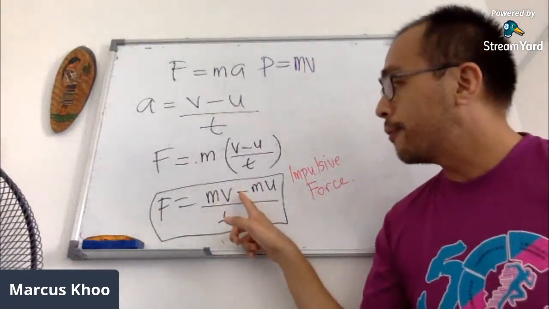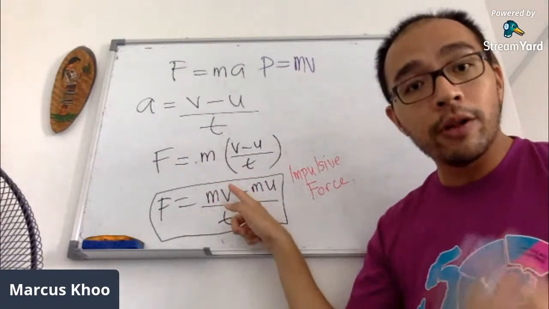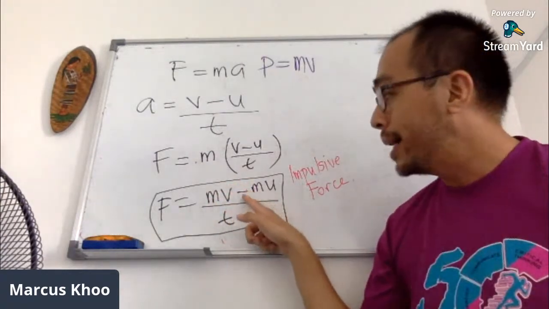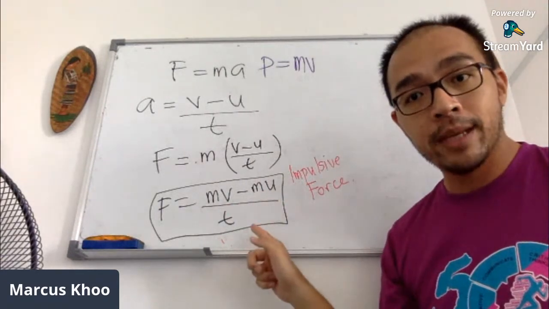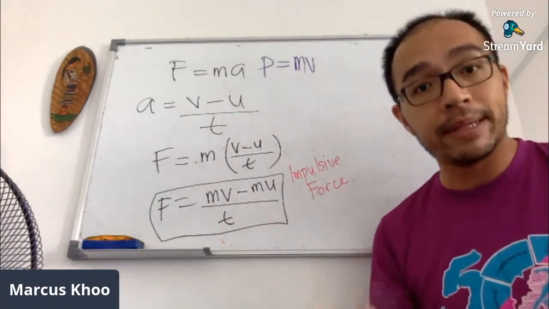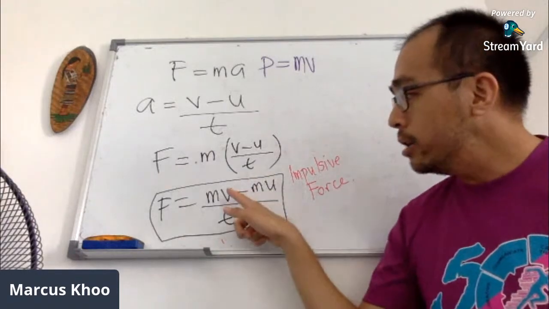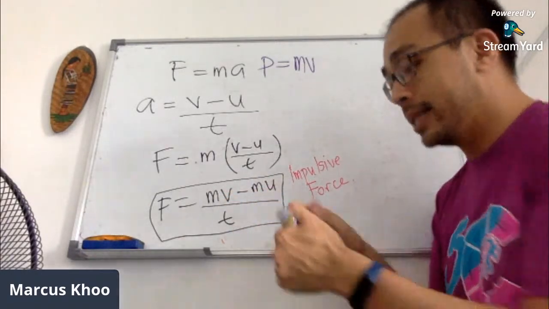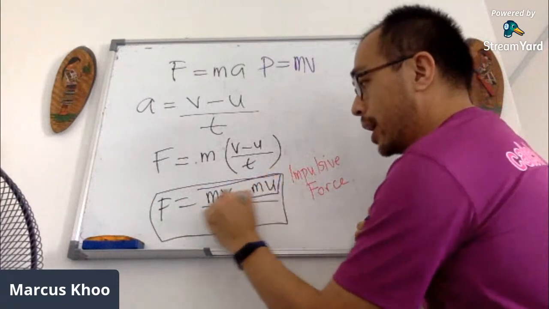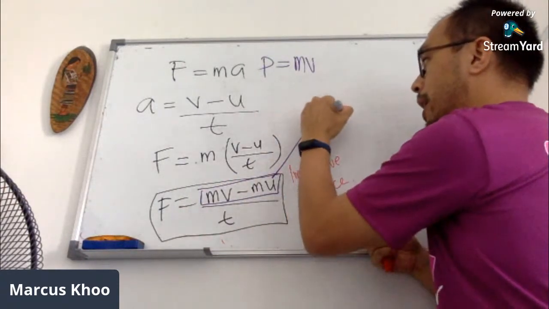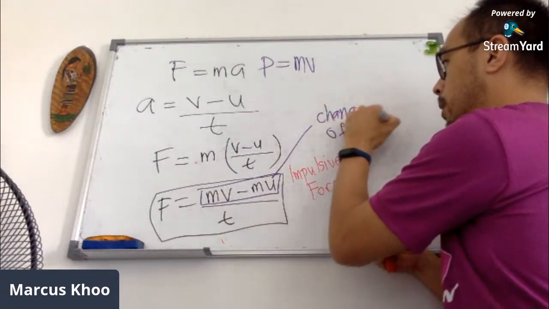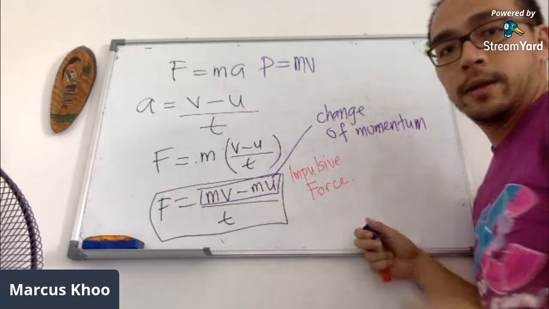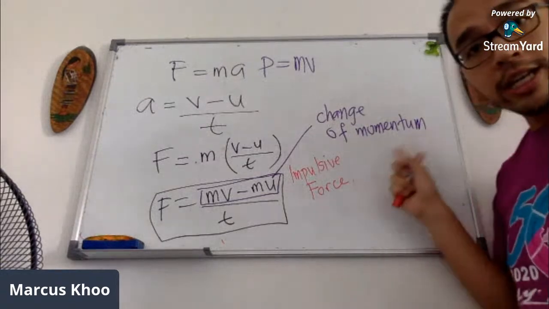So this final momentum minus the initial momentum, over time, is also known as the impulsive force. This final momentum minus this initial momentum, I'm going to call this the change of momentum.